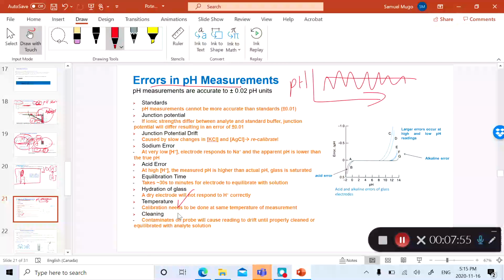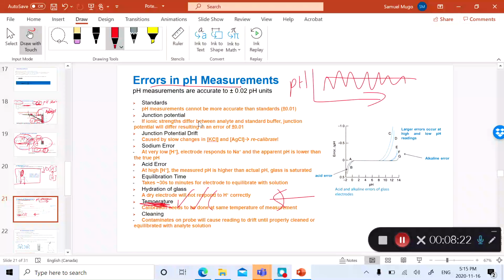And so temperature is one thing that affects the pH, and always you need to make sure that the temperature is thermostated. So hopefully you're doing things at a constant temperature, which is never easy. Of course, in a real life experiment, the temperature is always fluctuating, which affects the equilibrium time, and of course affects the voltages that you are reading.